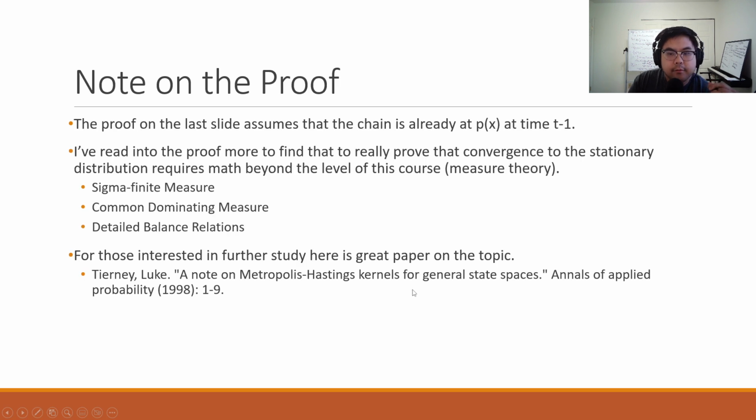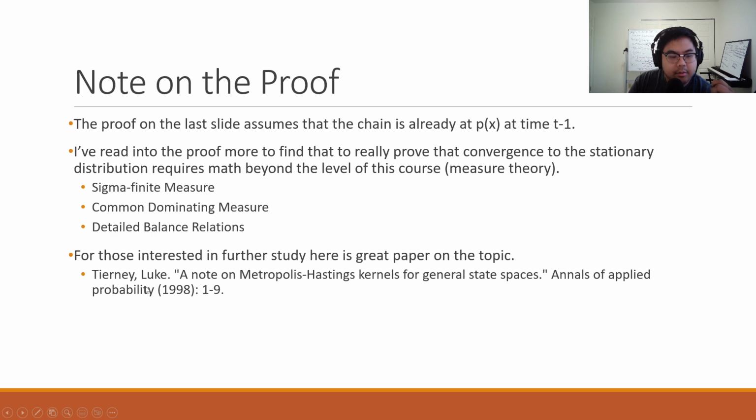Now, a note on the proof: it assumed that the chain is already at P of x at time t minus 1. I really wanted to find a proof that would explain how it converges to P of x. But as I kept reading more and more on this topic, it became apparent to me that it required a little bit more mathematics, measure theory in particular, and I'm just not at that point to understand this material.